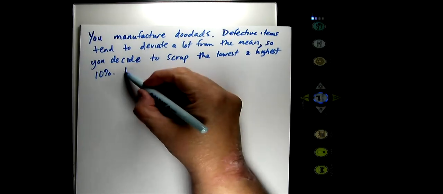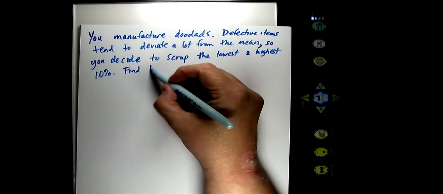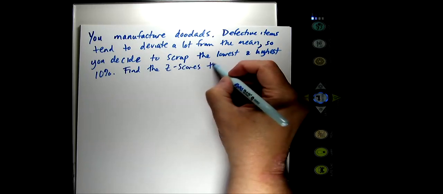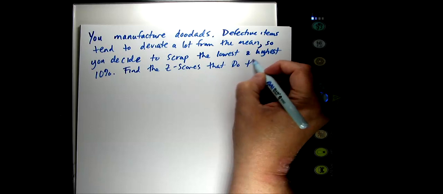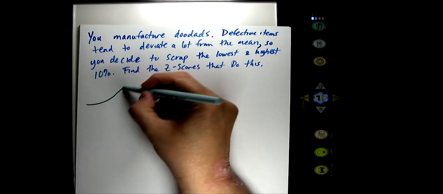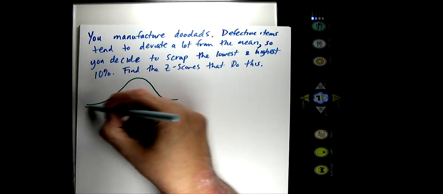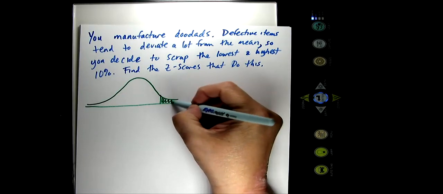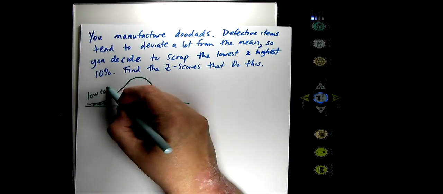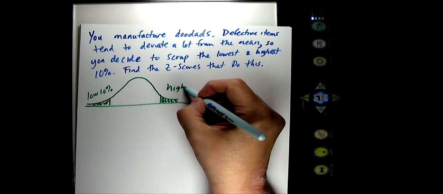So we're gonna find the z-scores that do this. So those are the things we want to get rid of.